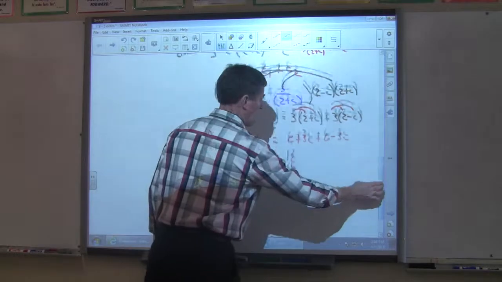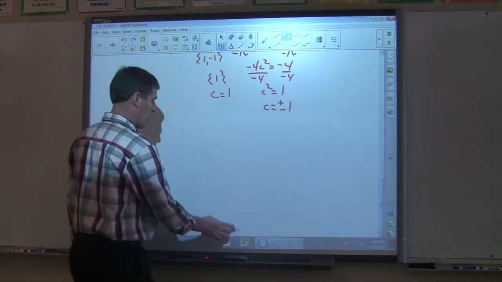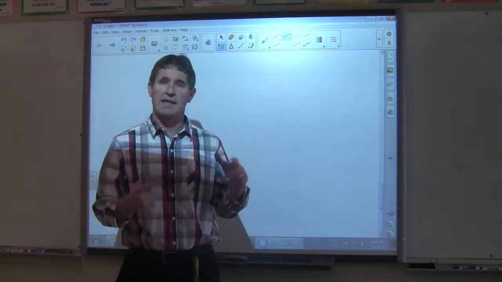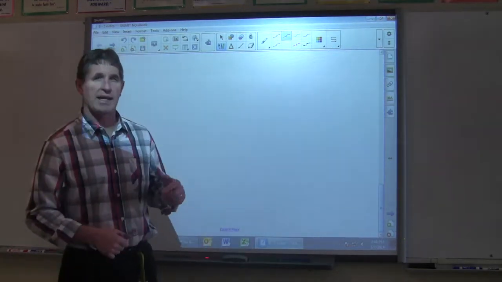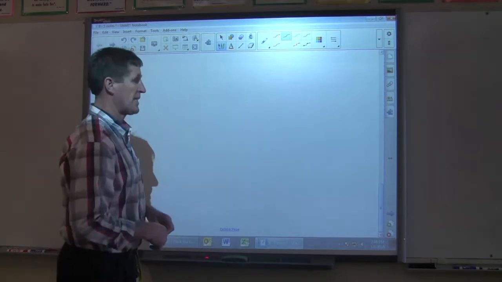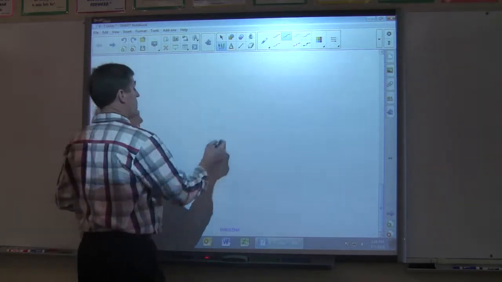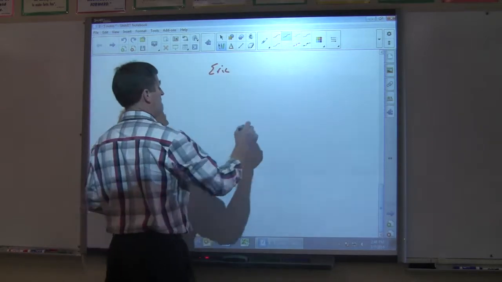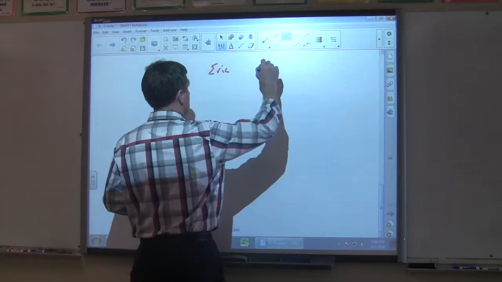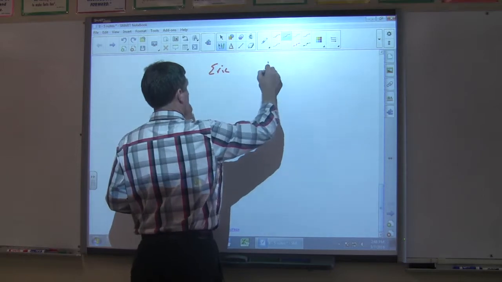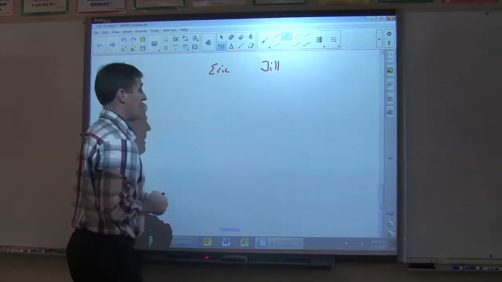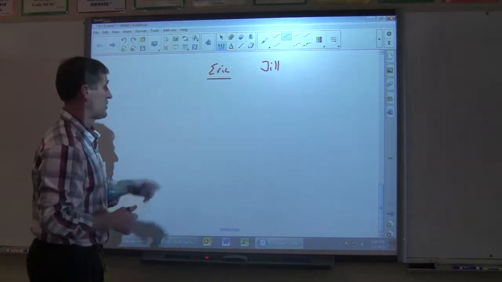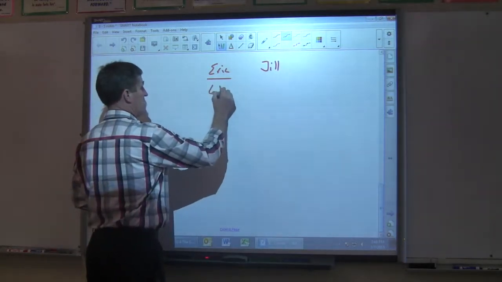One other type of problem that we're going to work with is called a work problem, where 2 people are going to work together. And so what you have to look at is their work speed. So as an example, let's say Eric and let's say Jill, and I said that I was going to have Eric paint this classroom over the weekend, and he told me that it would take him 6 hours to do it.